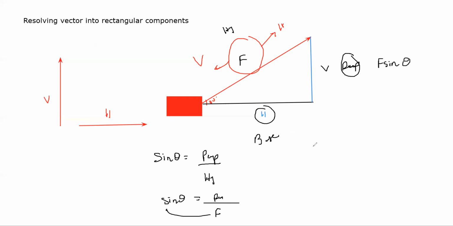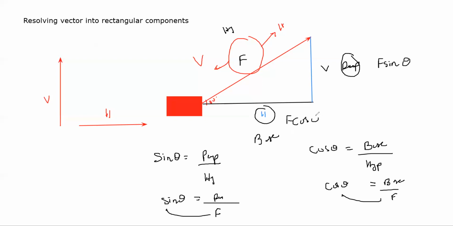And what about the horizontal component? We have cos theta equals base over hypotenuse. Base we don't know. Hypotenuse is f, multiplied there. So the base, this part, is equal to f cos theta.